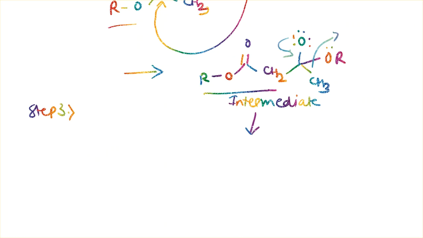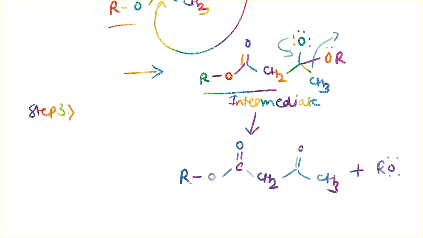Coming from this, the final product will be R bond O bond C double bond O bond CH2 bond C double bond O bond CH3, plus RO minus. So this is your nucleophile, and this is your beta keto ester.